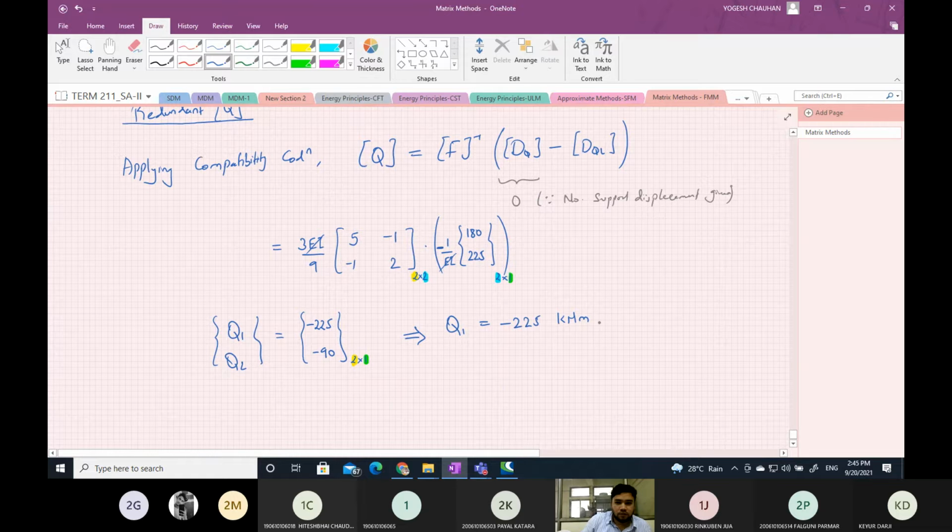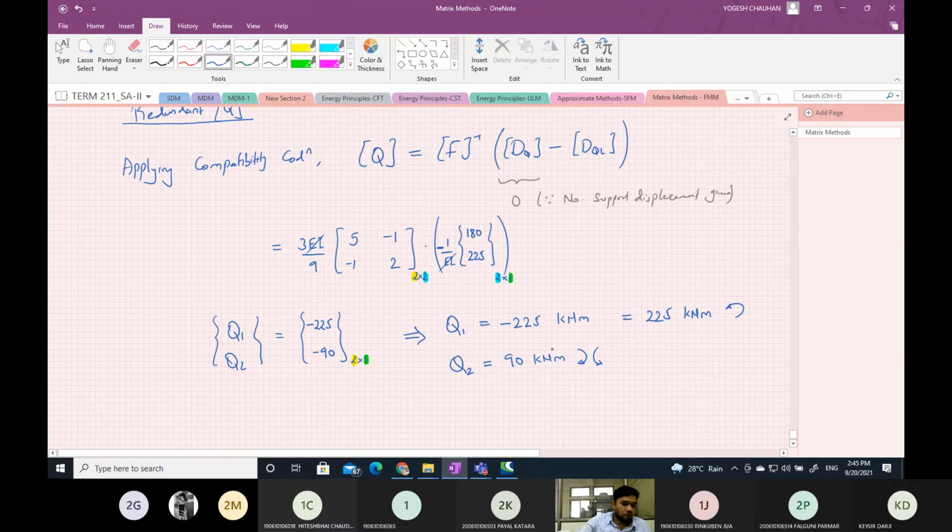This will be 225 kilonewton meter acting in anti-clockwise direction, and Q2 will be 90 kilonewton meter. That is okay.